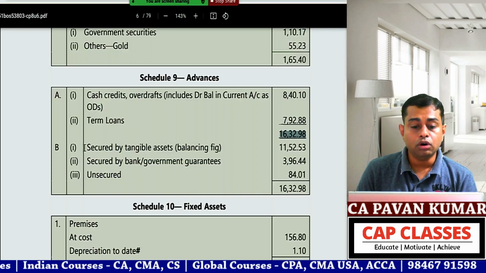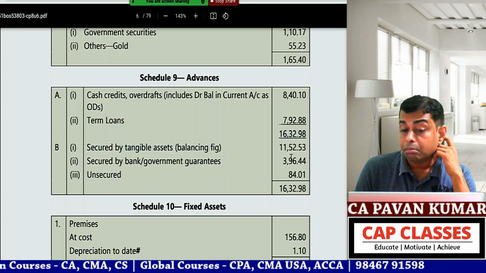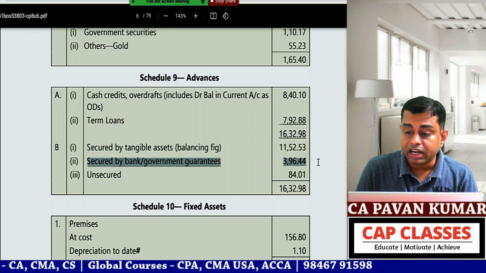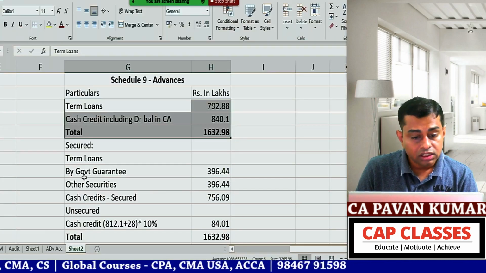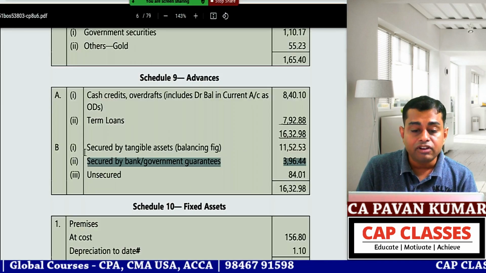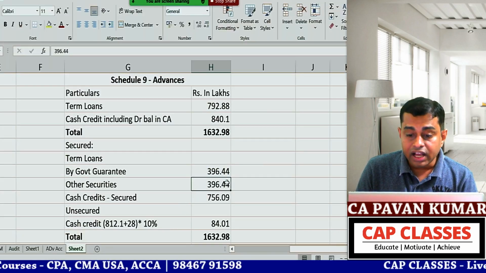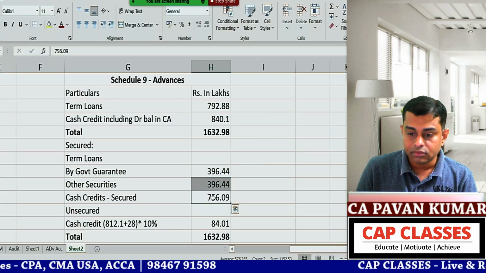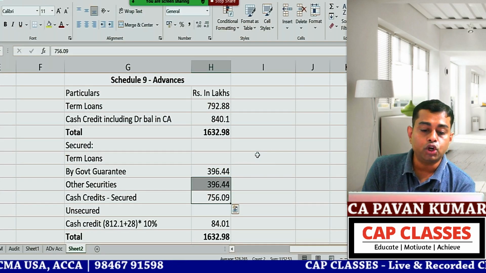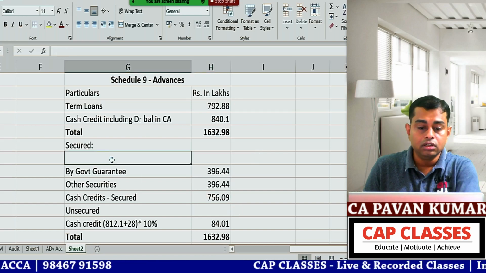Yes, very good. So here, secured by tangible assets, balancing figure; secured by government guarantee, 396.44. What they have done is this figure and this figure put together they have shown. So they removed term loans.